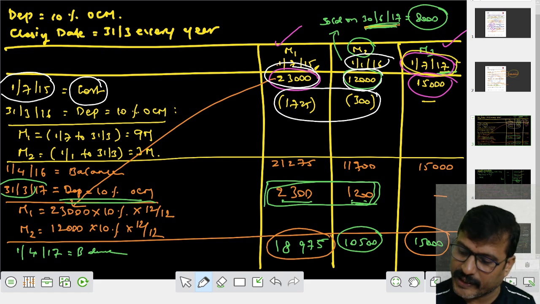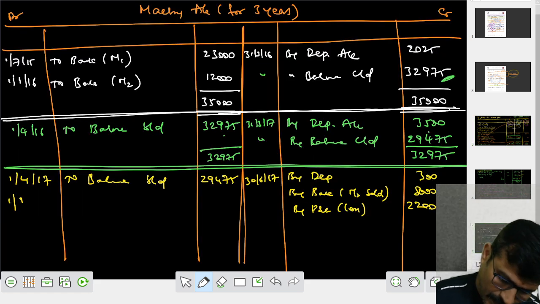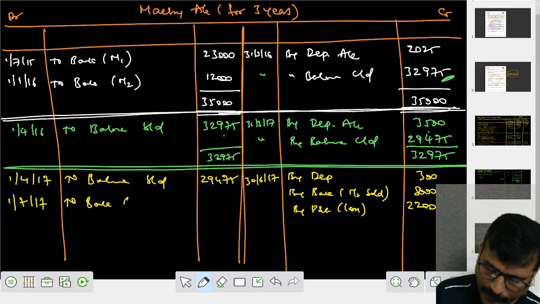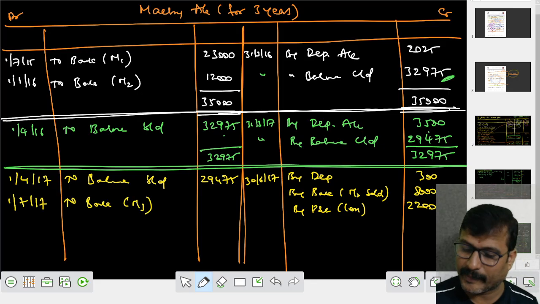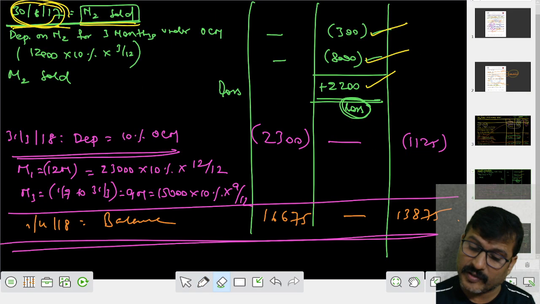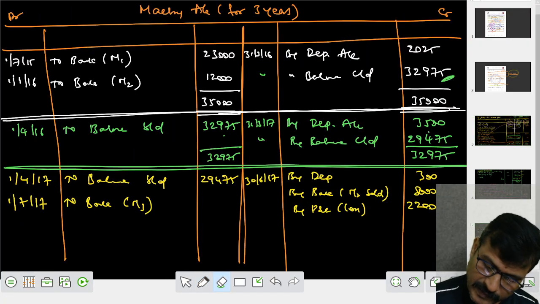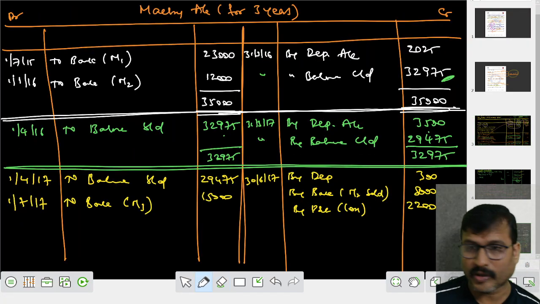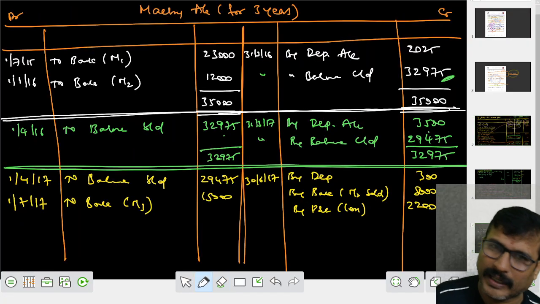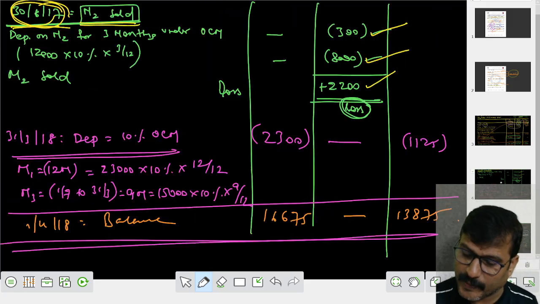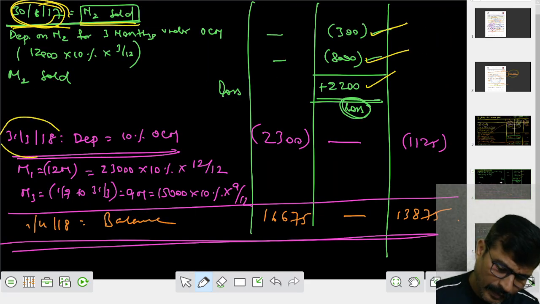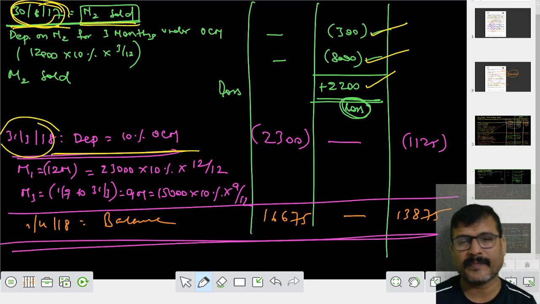You have purchased M3, on when? On July 17. On 1st July 17, we have to write to bank as M3 purchased. M3 purchased for how much? An amount of rupees 15,000. Let us write 15,000. Okay, you purchased M3 also. Then, what happened as per the working? Lastly, on March 18, we put a depreciation.